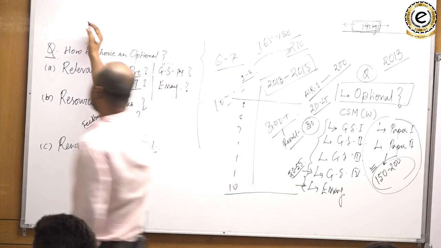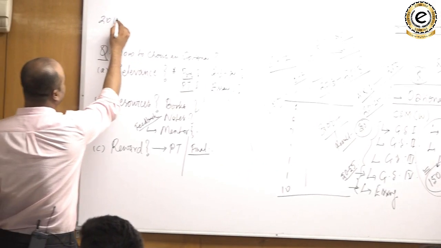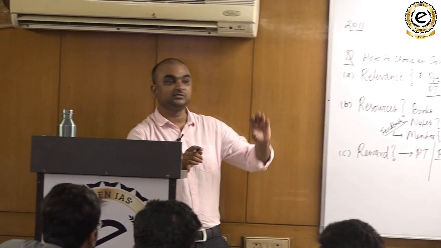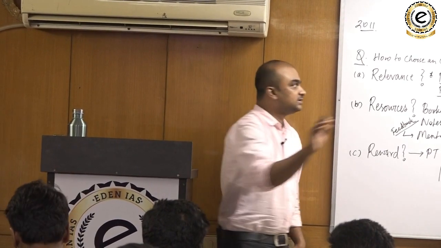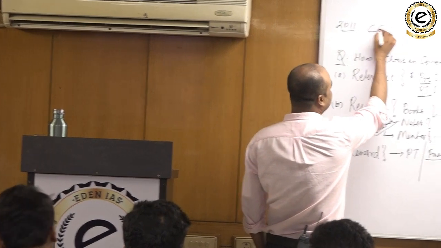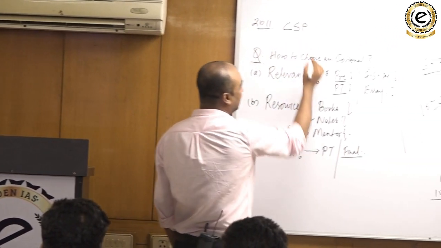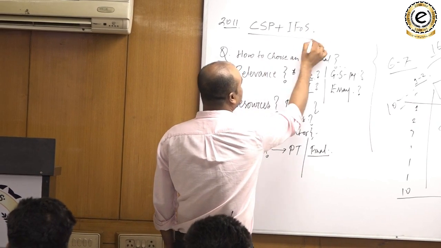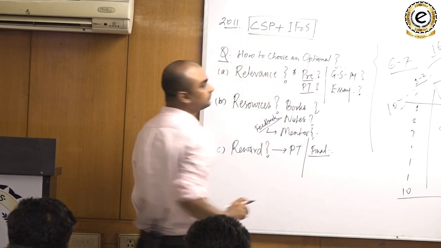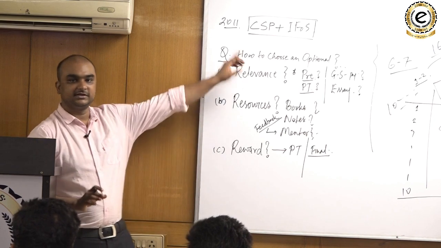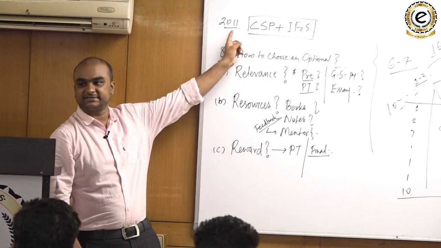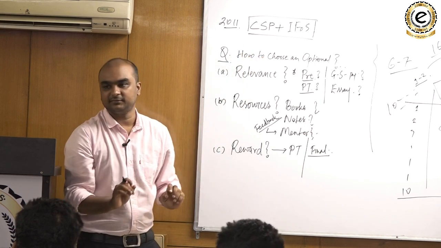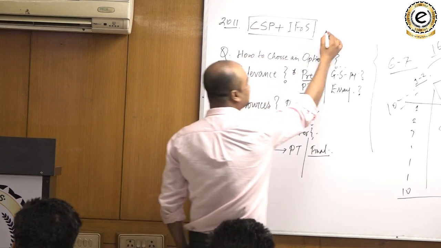See, from 2011 onwards, when the preliminary examination was amended, the preliminary examination for civil services as well as the forest services are now jointly held. That's true. There is a common paper for civil services as well as forest services. How many questions in the preliminary examination? 100 questions.